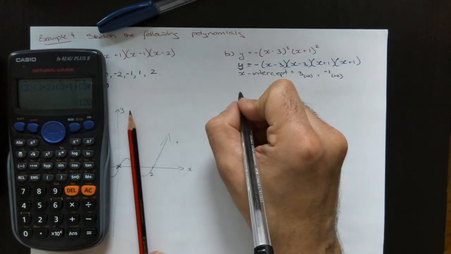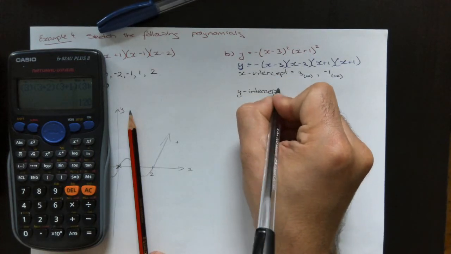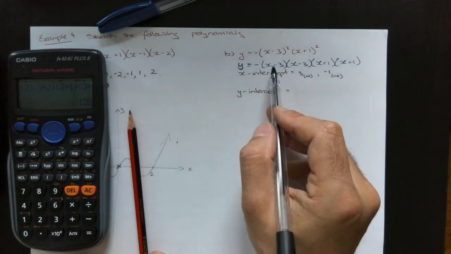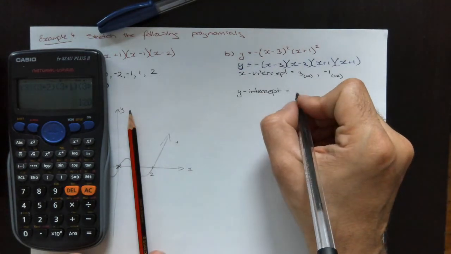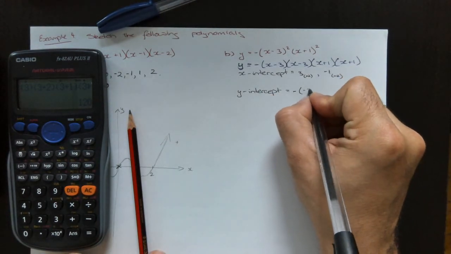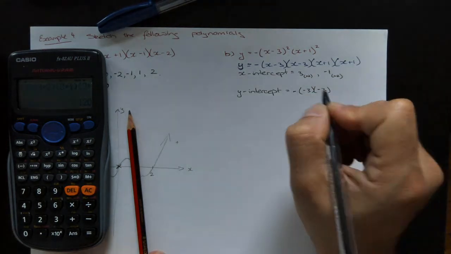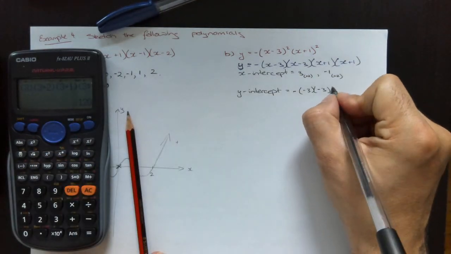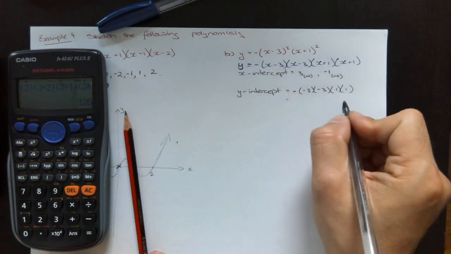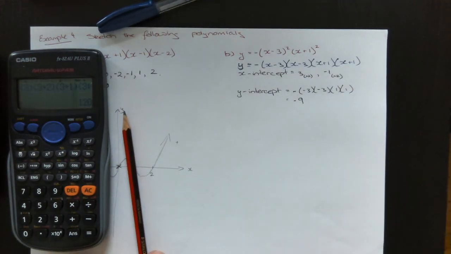My y-intercept is what I want to find out as well. If x is 0, we've got minus 3, minus 3, 1 and 1, so that becomes 9, so this is -9.